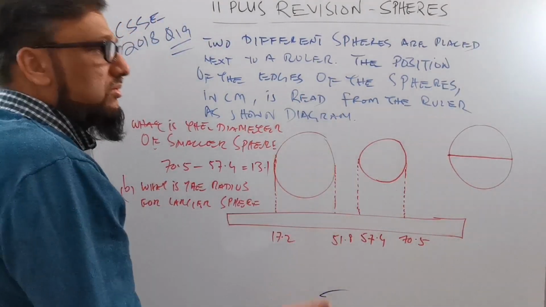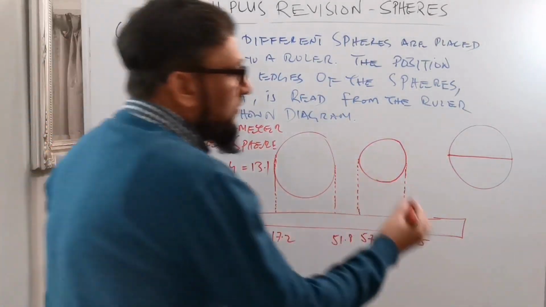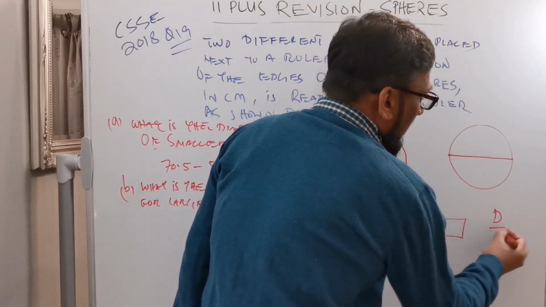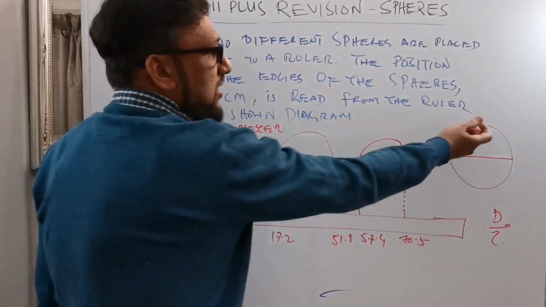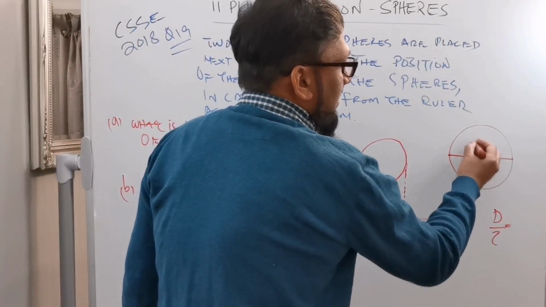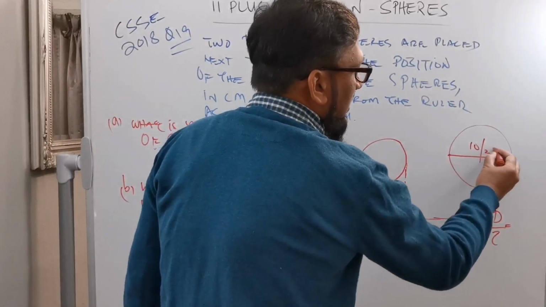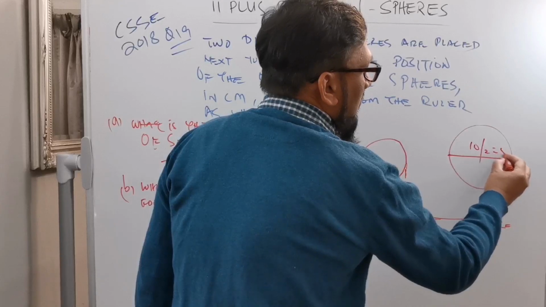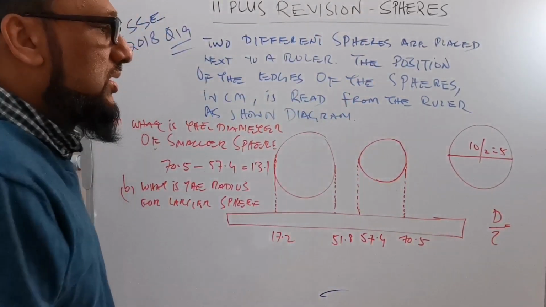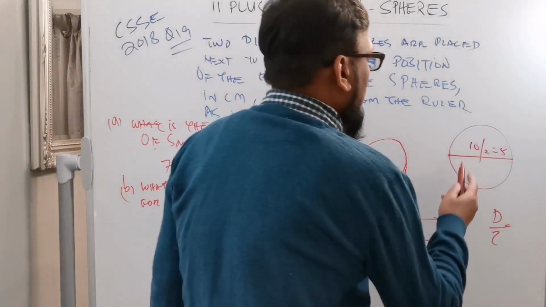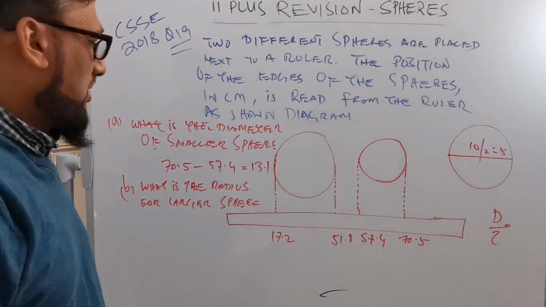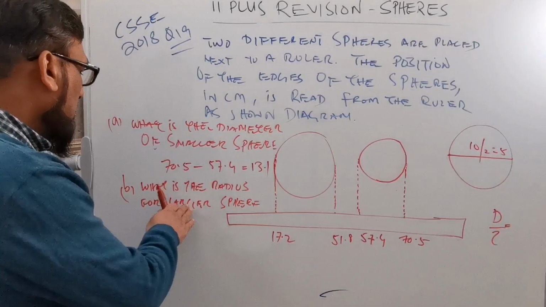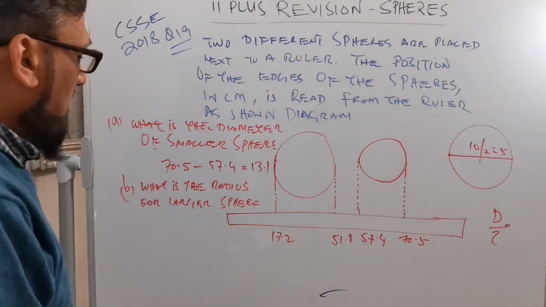For example, if the diameter is 10, the radius will be 5. So the radius is half of the diameter.